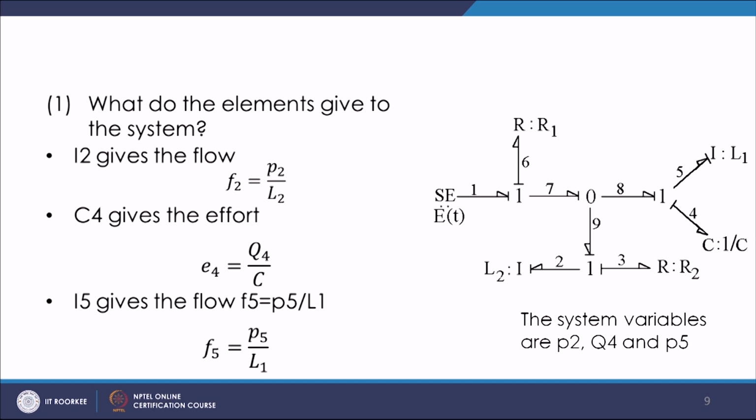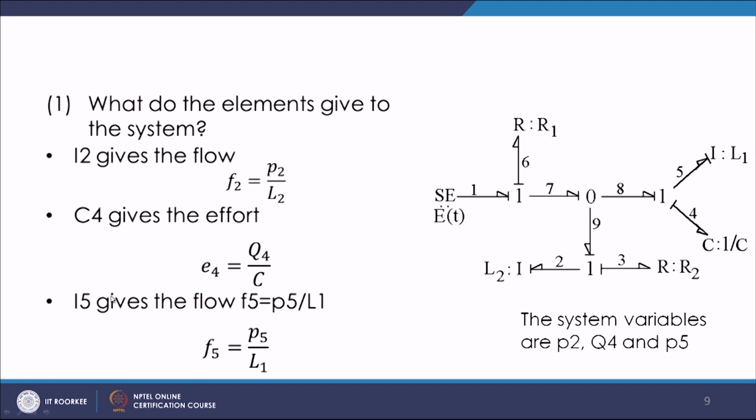So, you see this is I2 and this is giving flow. So, I can write F2 as P2 by L2. Okay. Then we have the C4, this is giving effort here, and this effort, or voltage, I can write as Q4 by C. Okay.